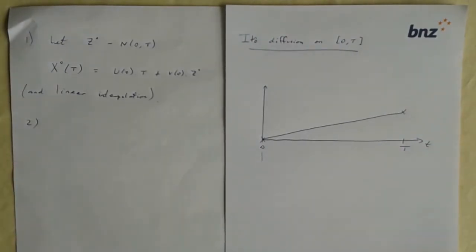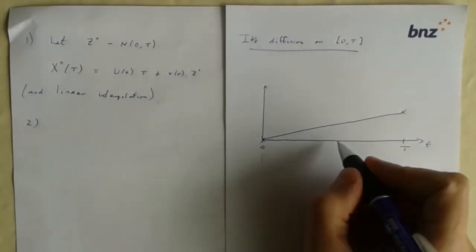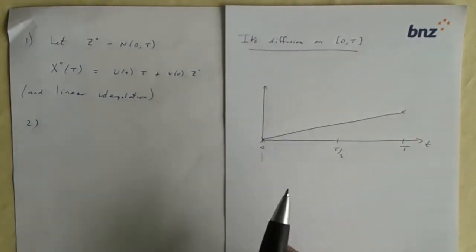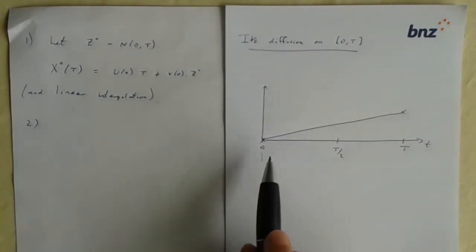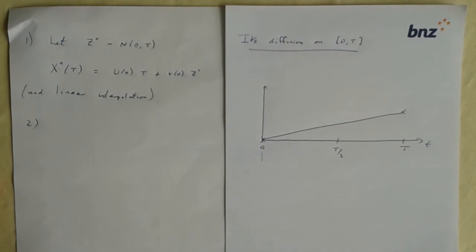Okay, second step, maybe you can guess what's going to happen now. That one normally distributed random variable, we have to split it in half so that we can now do things in 2 steps of half the length.